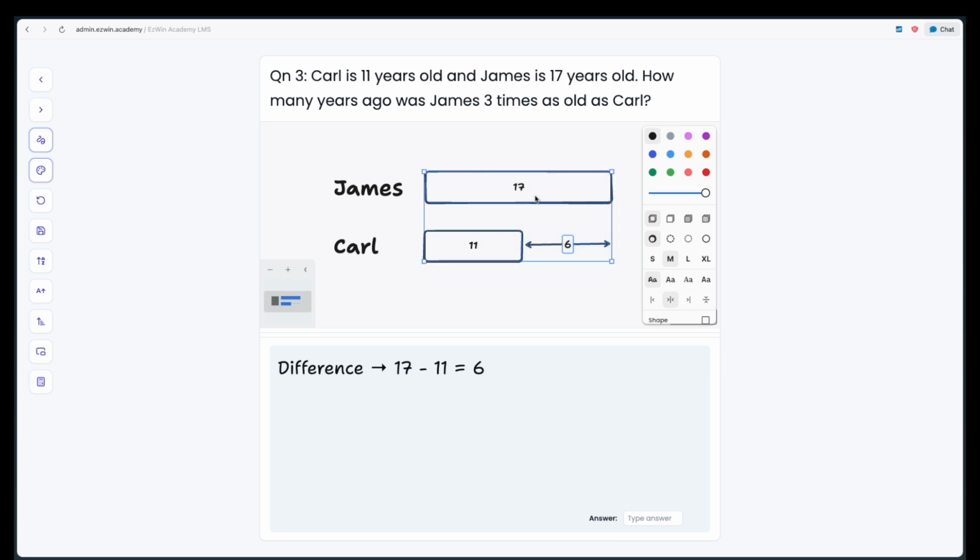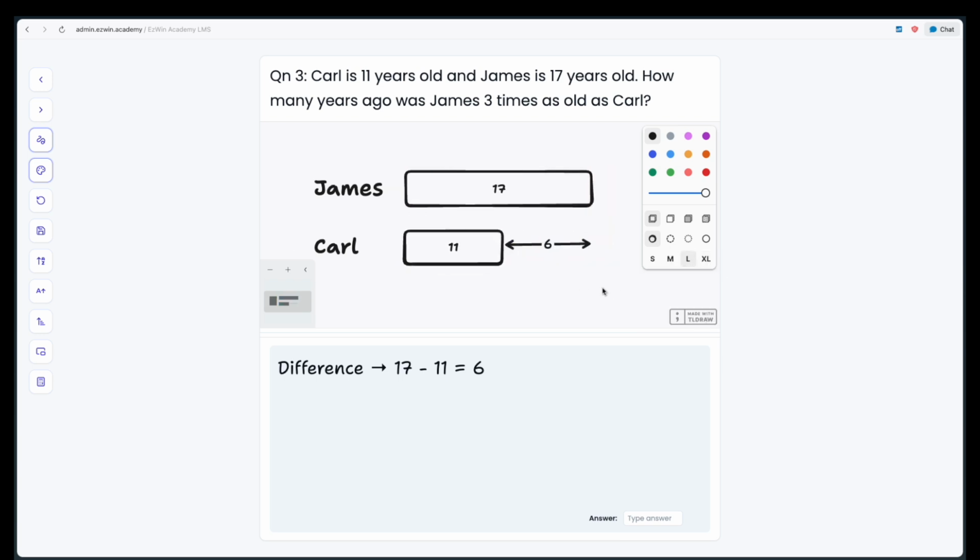So why are we doing this? Let me just make this a bit larger, something like this. So the thing is that we want to find out how many years ago was James 3 times as old as Carl. So that means the difference, right? Okay, so I just want to share, because of age, we can't suddenly have James minus 2, for example, right?